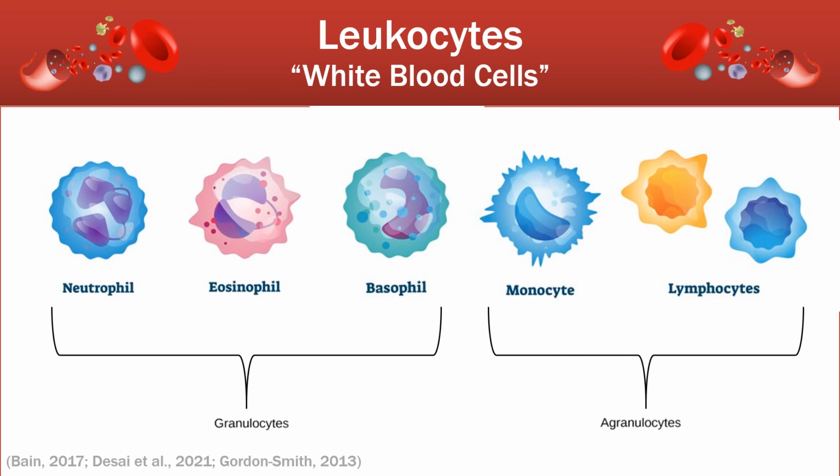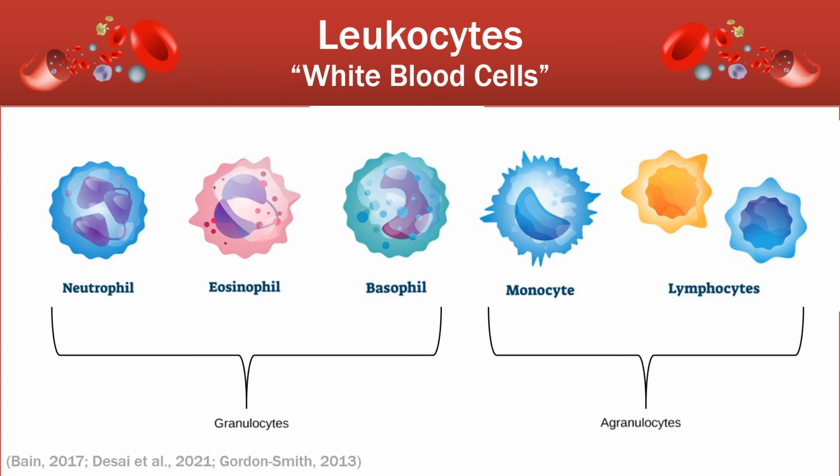Leukocytes that don't have granules would include lymphocytes and monocytes, and these are actually categorized as agranulocytes, the A meaning absent of, so absent of those granules, hence the name agranulocytes. The lymphocytes include B cells, T cells, and natural killer cells, and make up about 35% of leukocyte concentration.